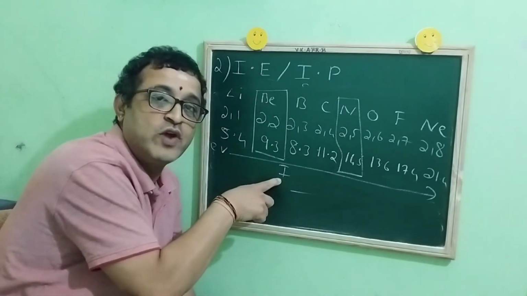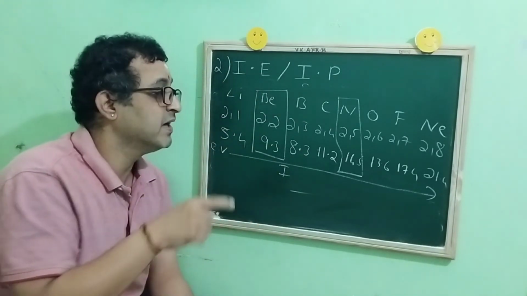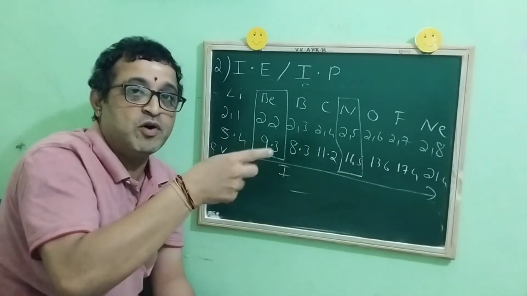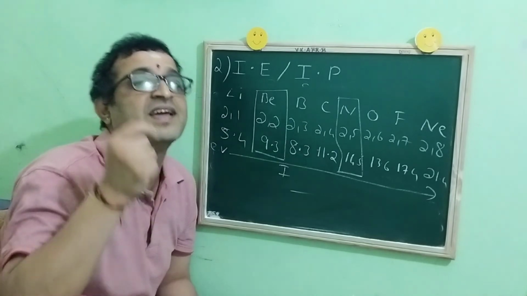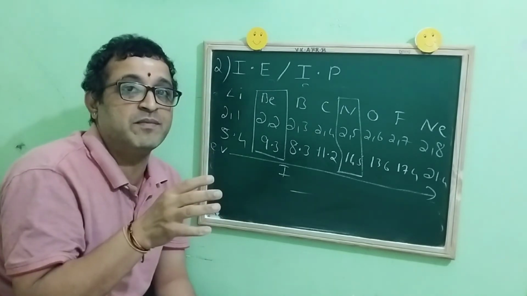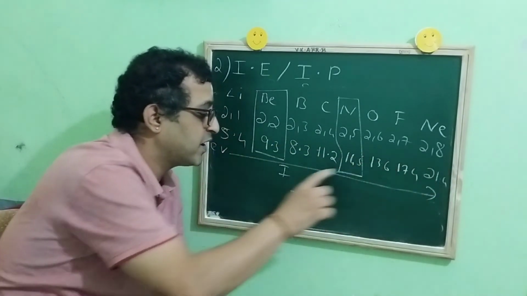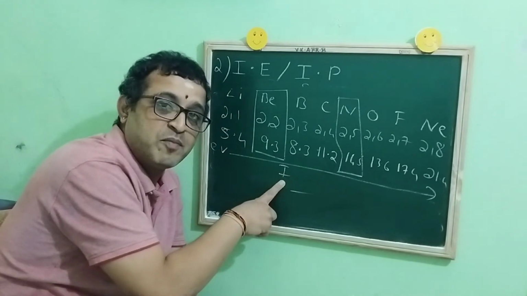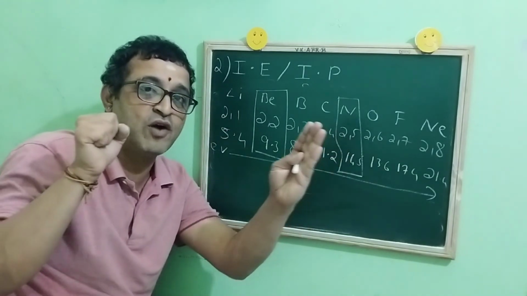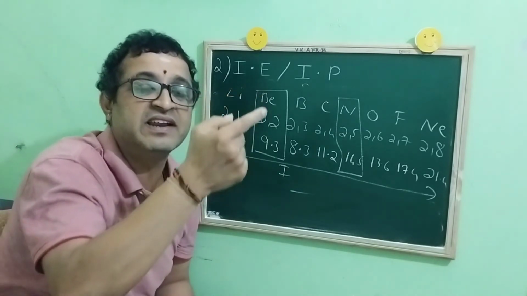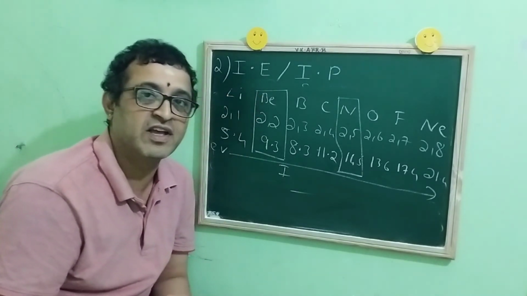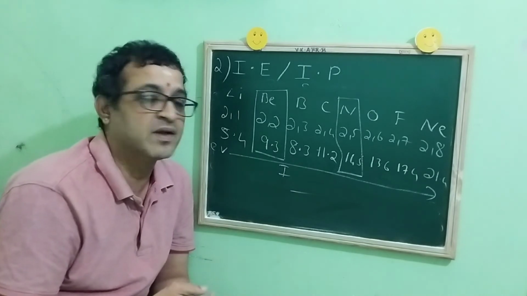That is, it is going to increase. And also, across the period, the nuclear charge is also what children? Increasing. So the conclusion is that across the period, the ionization potential increases because of decrease in the atomic radius and increase in what? Nuclear charge.